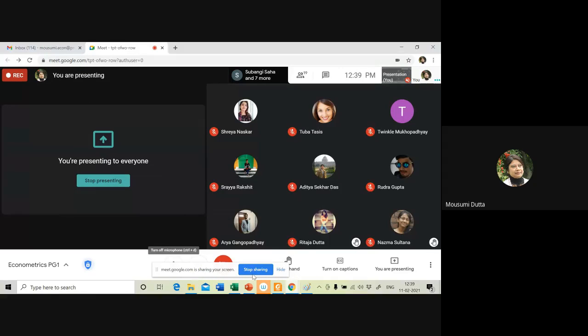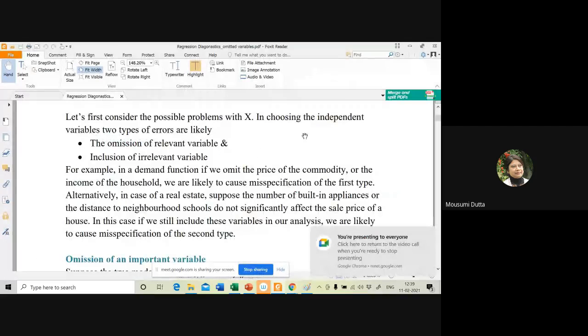Okay, so there are several regression diagnostics related discussions regarding X. Among these, an important discussion is regarding the omitted variable bias. If there is omission of a relevant explanatory variable, whether bias arises or not.